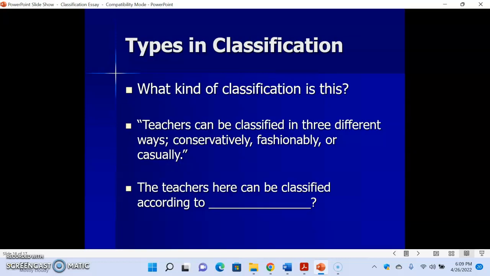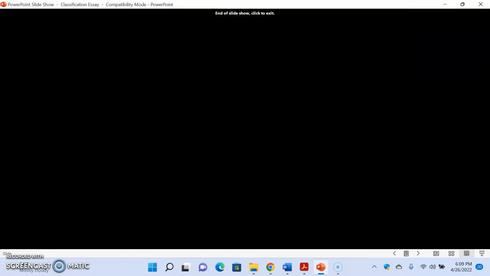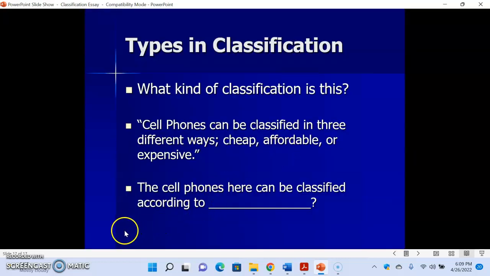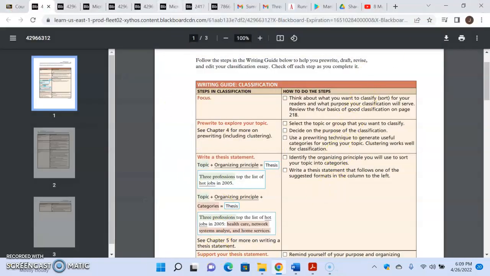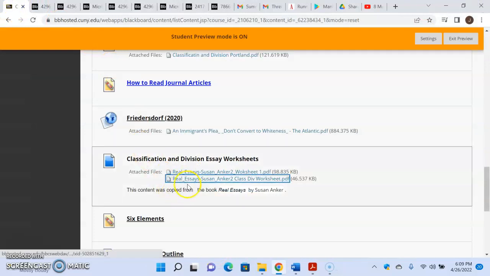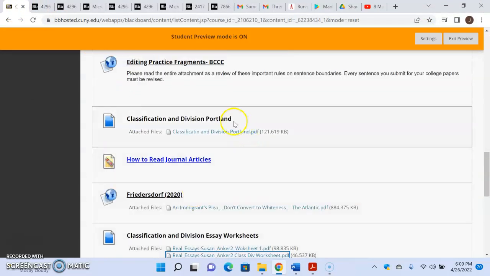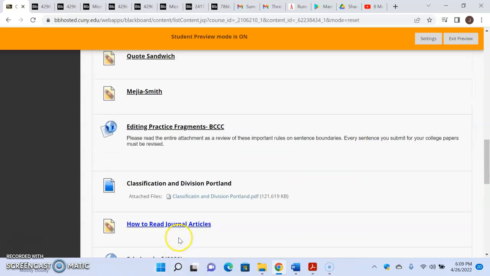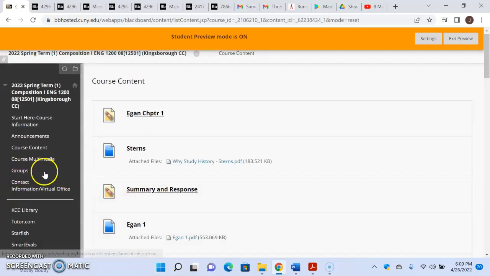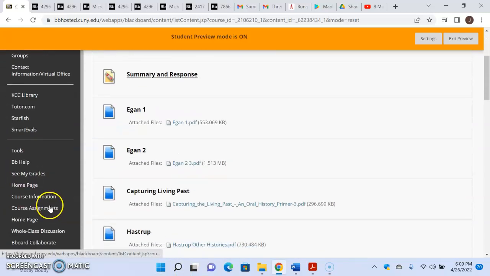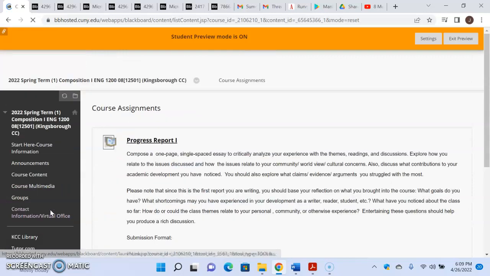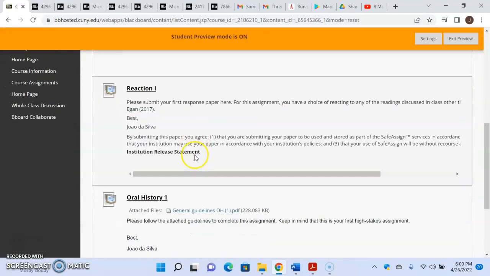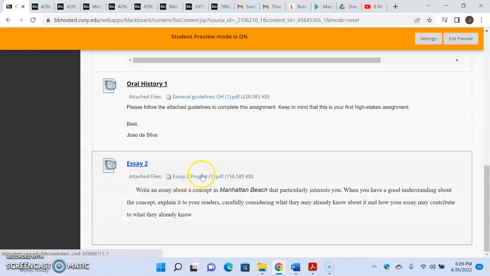I want you to keep going through this. I'm not going to go through all of it, but because of time, my goal here is that you realize that you haven't yet submitted, but you have been very supported in the endeavor of writing this classification and division essay. If anybody is not sure what I am talking about, you have had an assignment according to the schedule of activities, which included Essay 2.